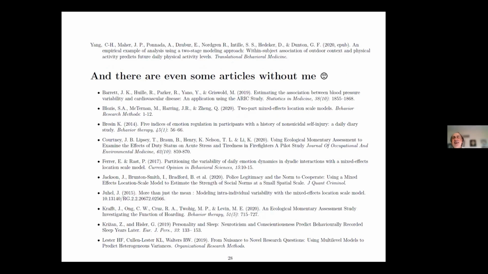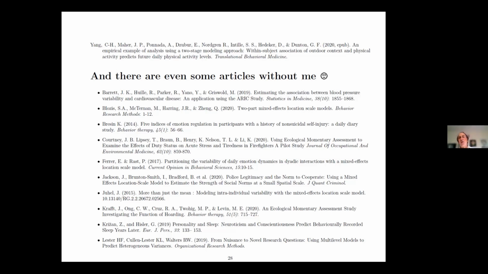But it's not just me that's working on these models of variability. Here is a collection of some additional papers, and a lot of these are from the psychological area. That's an area where they do have a lot of interest in individual differences in modeling variance that maybe you can find interesting.